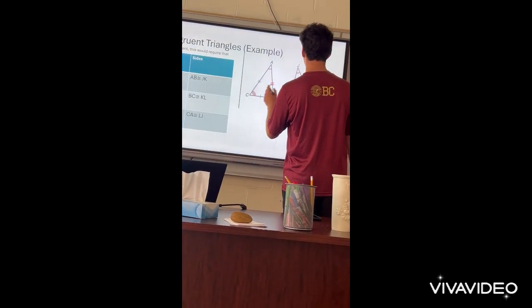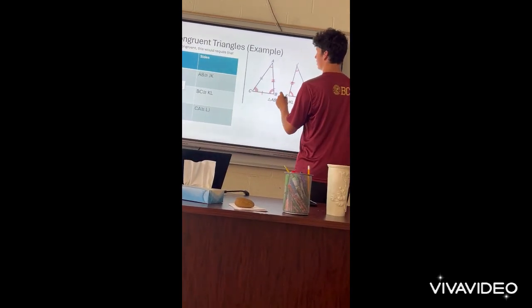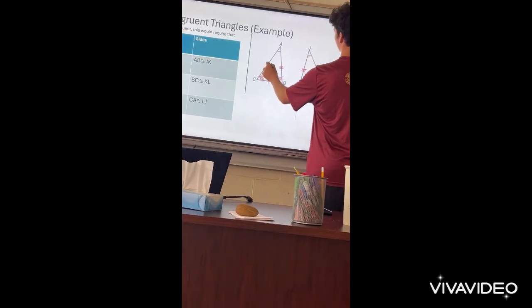Line BC will be equivalent to KL. And line CA will be equivalent to JL.